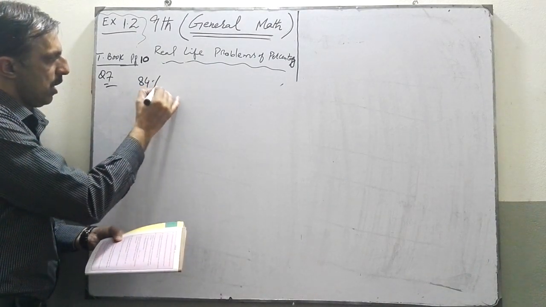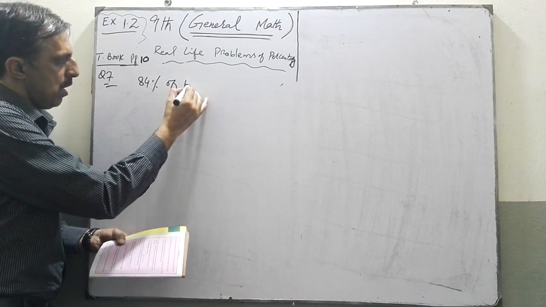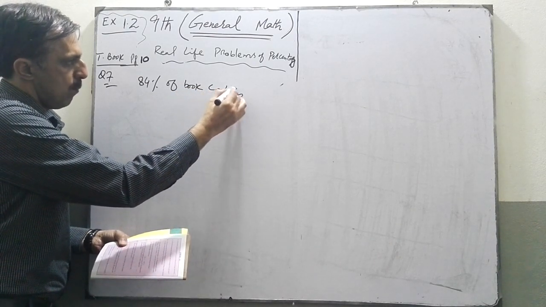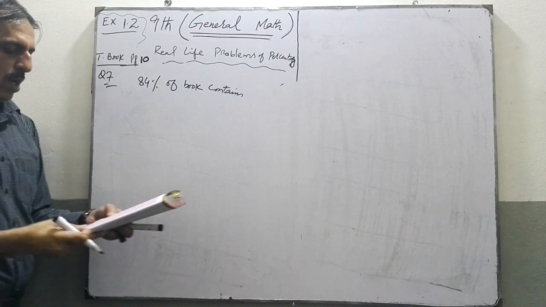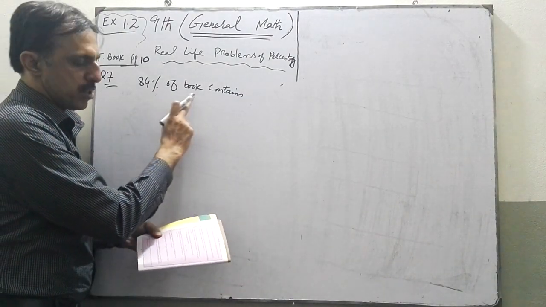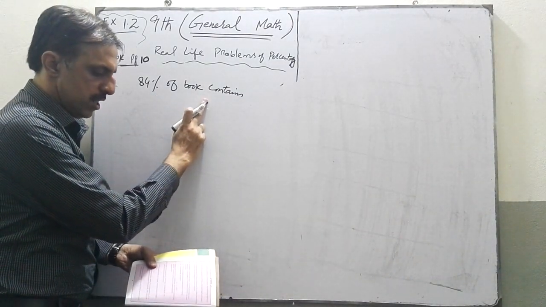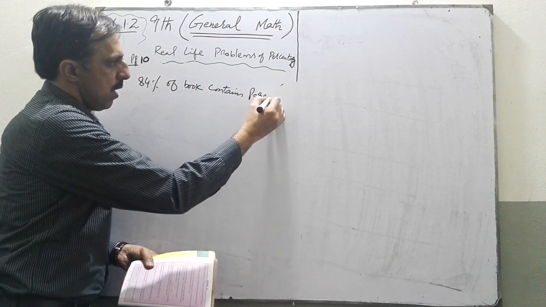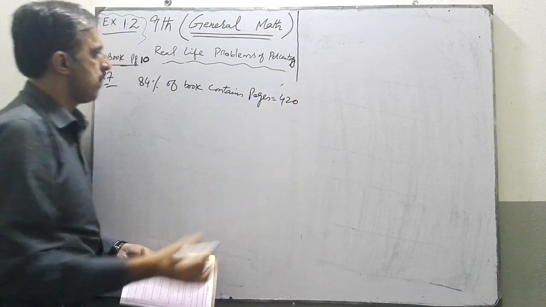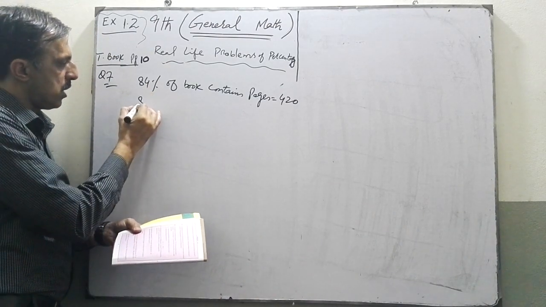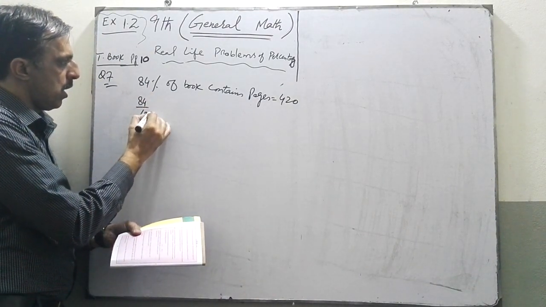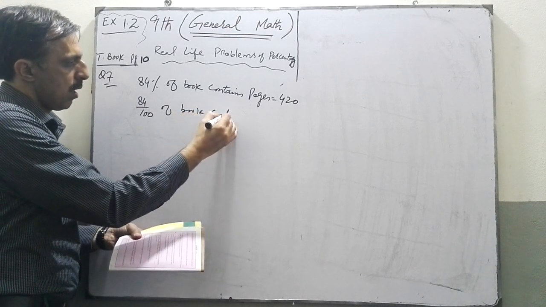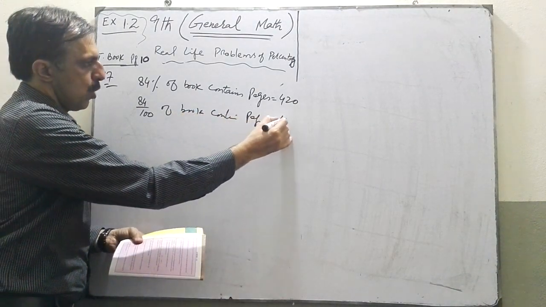That is given. 84% of books contain 420 pages. Now 84% means 84 over 100 of books. Books contain pages equal to 420.